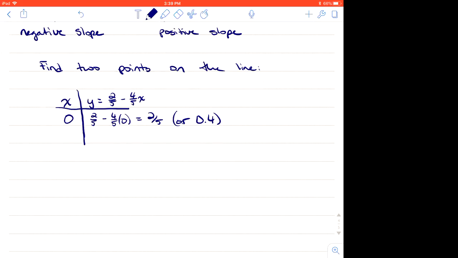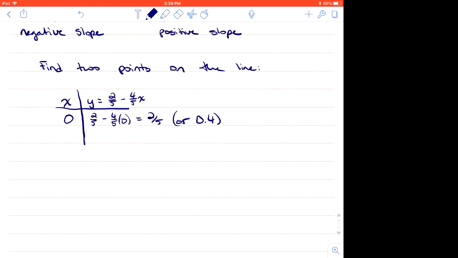Now we need to pick another point. Instead of having to deal with these nasty fractions, I might just pick 5, because then I have 2 over 5 minus 4 over 5 times 5, but those 5s are going to cancel.